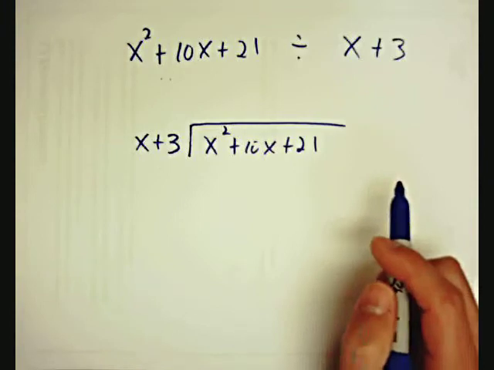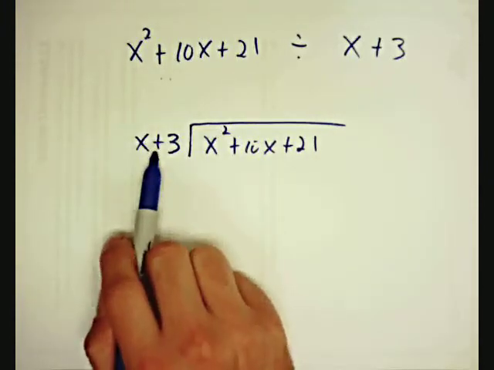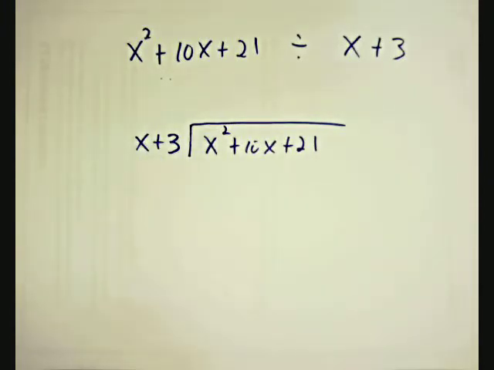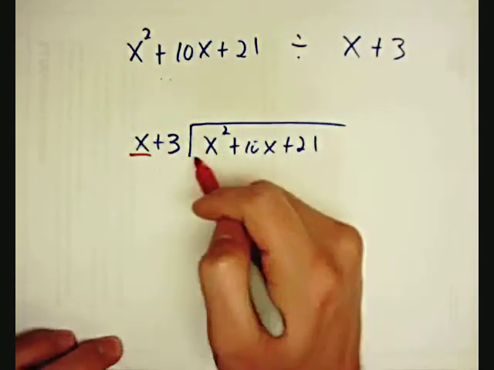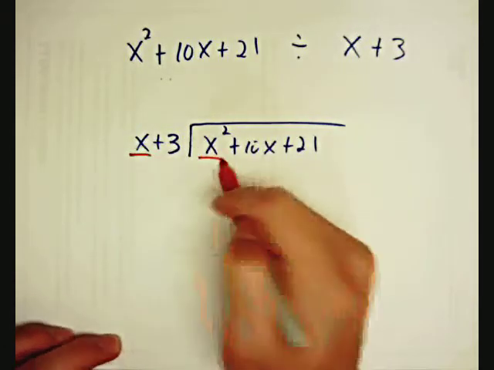So we want to see how many times will the outside go into the inside, just like with regular long division. But since we have multiple terms, what we want to focus on is the first term in the divisor and the first term in our polynomial.